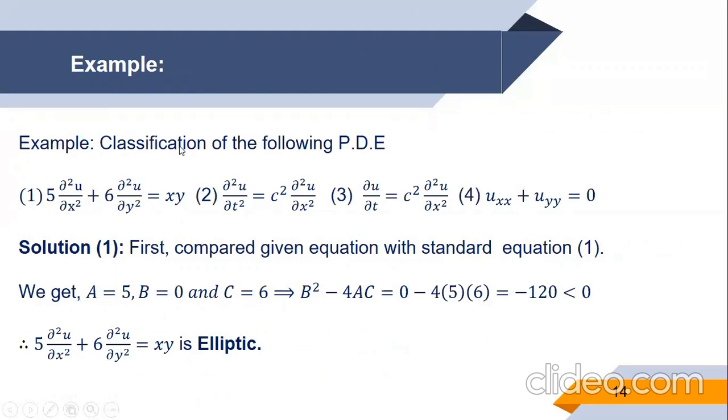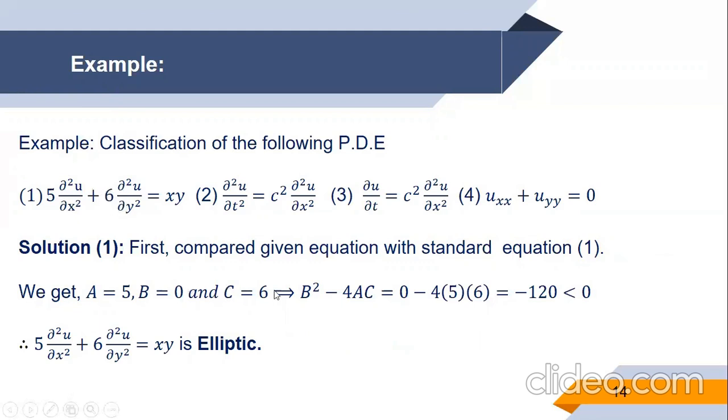Now we discuss some examples. First example: given 5 times del square u by del x square plus 6 times del square u by del y square is equal to xy. Now we check which type this PDE is: elliptic, parabolic, or hyperbolic. We compare with the standard form, then we get A equal to 5, B equal to 0 because the term del square u by del x del y is absent, and C equal to 6.